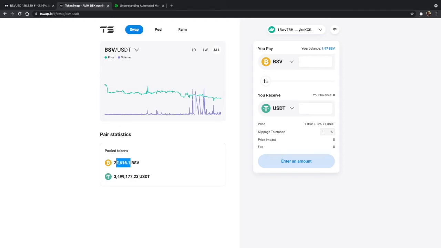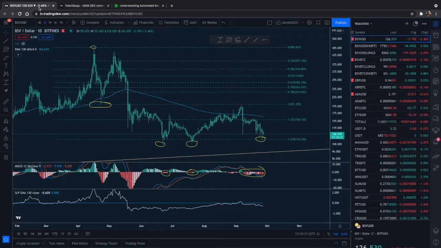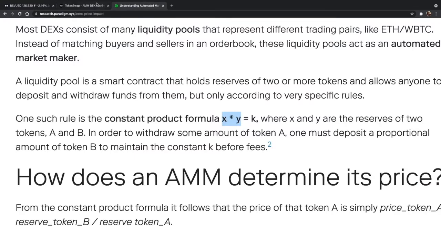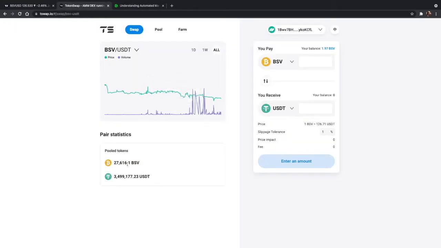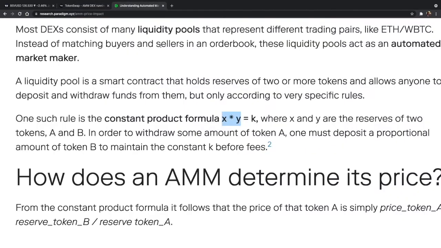With BSV, because one BSV can fluctuate, and right now it being at 126, okay, at 126, if it goes to 300, this will drop by half. Because K is in dollar amounts. K is in dollar amounts.